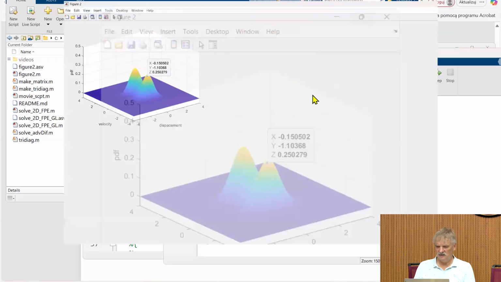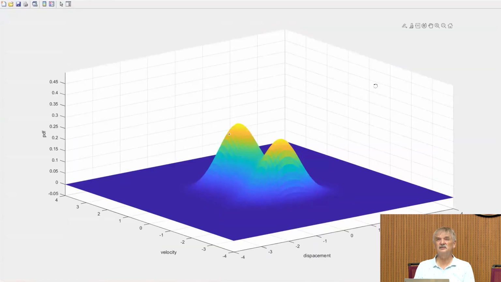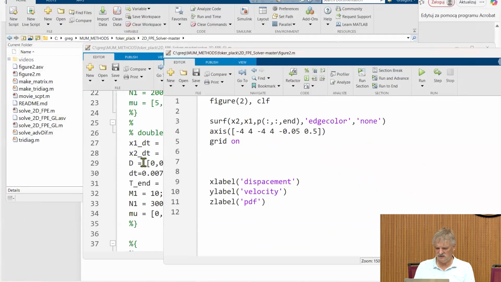So you see that it is possible to do such a simulation, and there is some small description of that software on the web page which I provided.